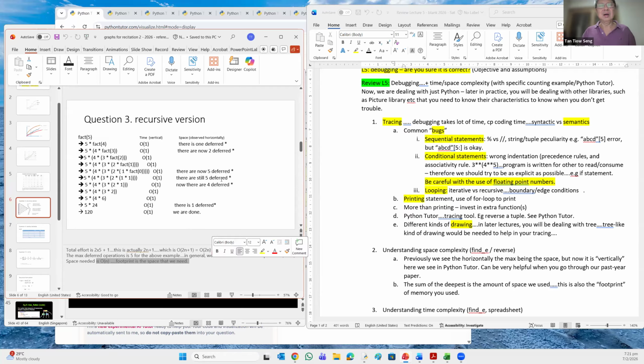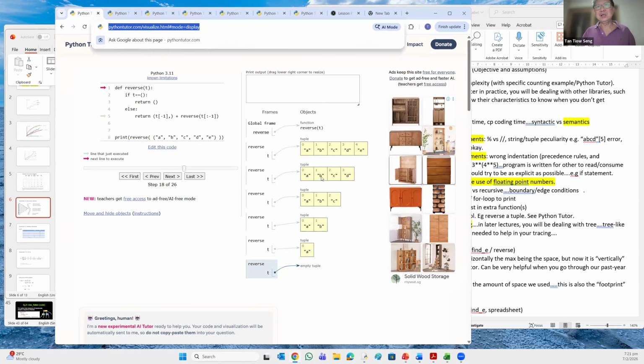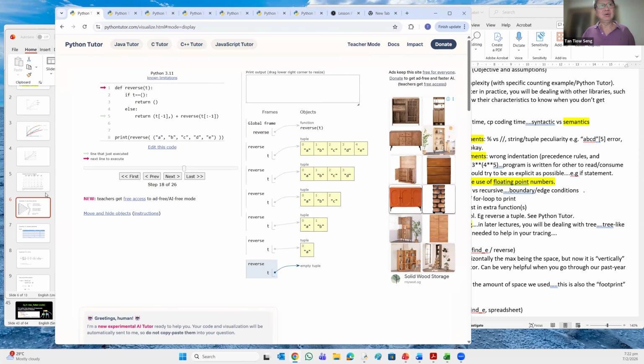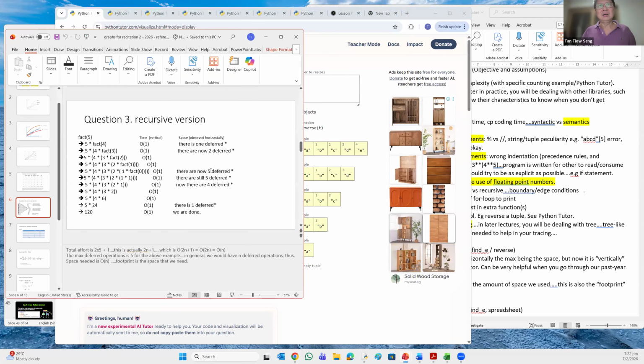So here you saw the space horizontally. And in Python Tutor, you actually see it like that, seemingly vertically, but in fact all these things are stacked on top of each other. It's as if you have it in one line here. So this is a picture of one line, because I can draw it in one line here because these are stars.